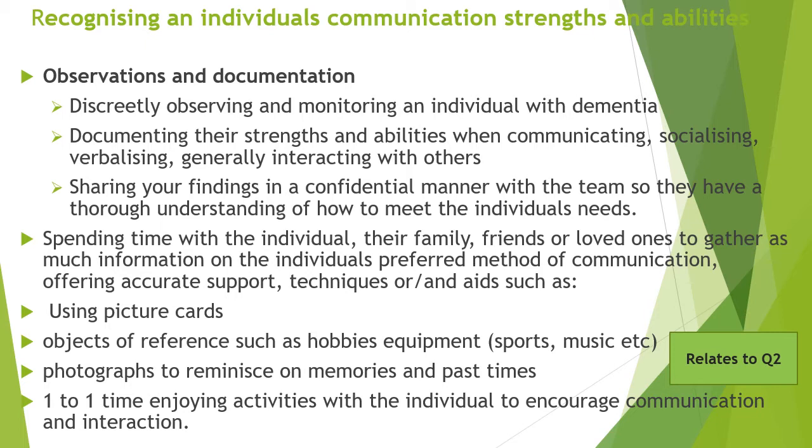And we can do this through observations and documentation. So we would discreetly observe and monitor an individual with dementia, documenting their strengths and abilities when they are communicating, socializing, verbalizing, and generally interacting with others. You're watching them, looking to see what their strengths and abilities are.